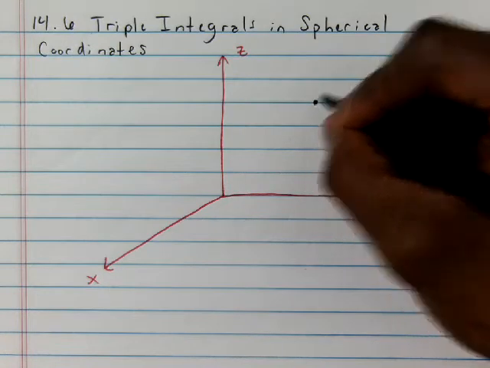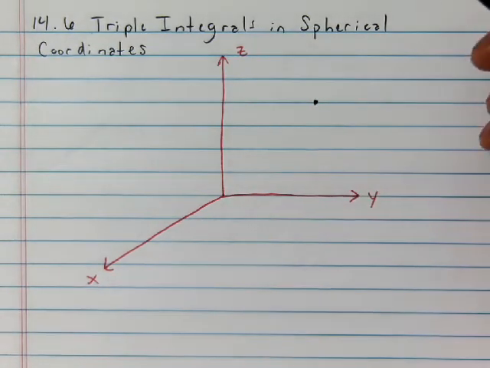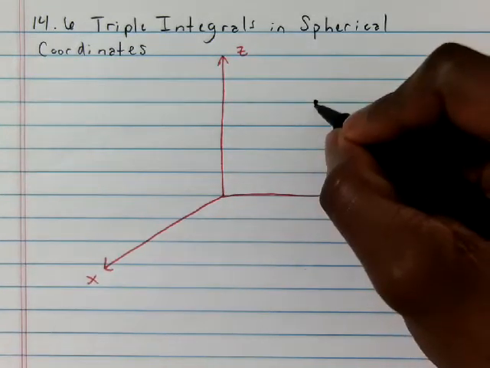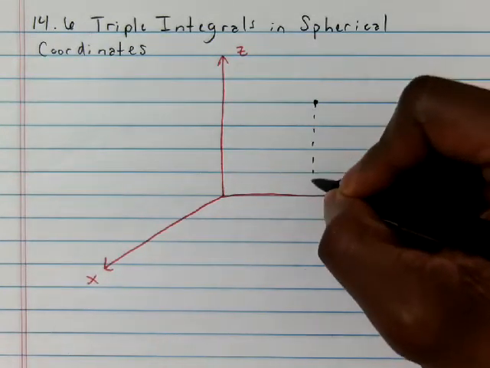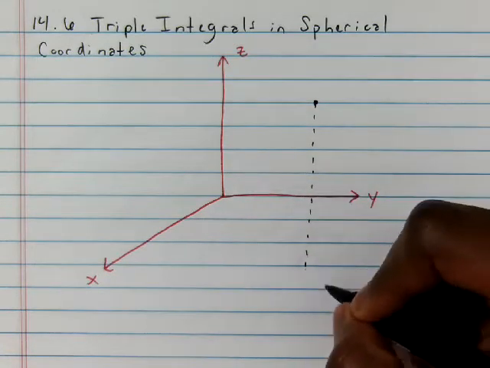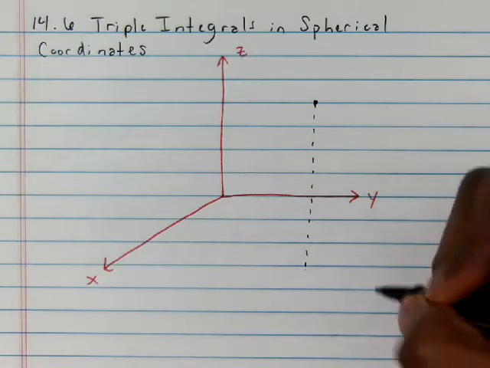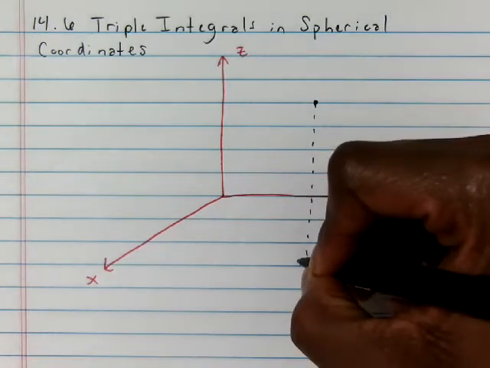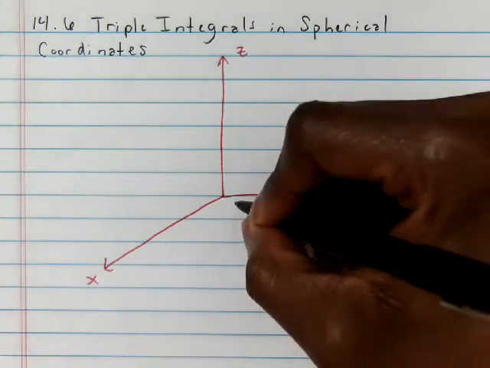Similar to the way we set up our understanding of cylindrical coordinates, we go down from that point directly down into the xy plane, and then we go from there to the origin. So now we're in the xy plane. We'll make this dotted line to the origin.